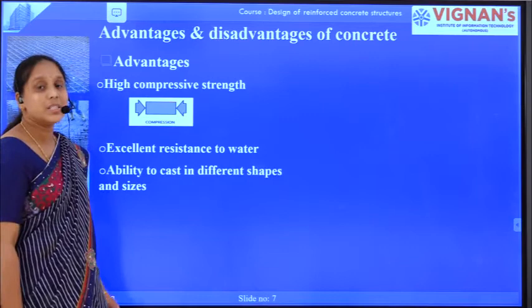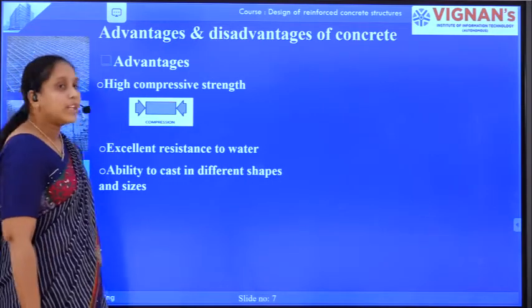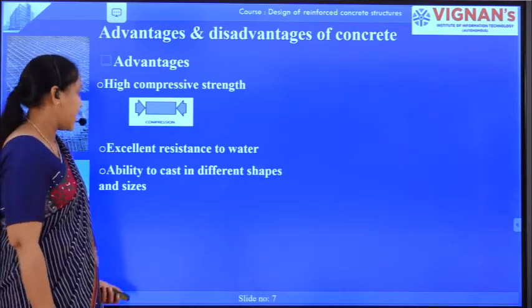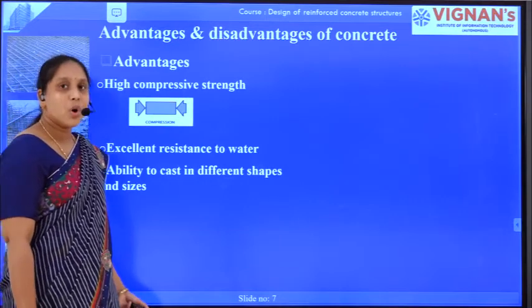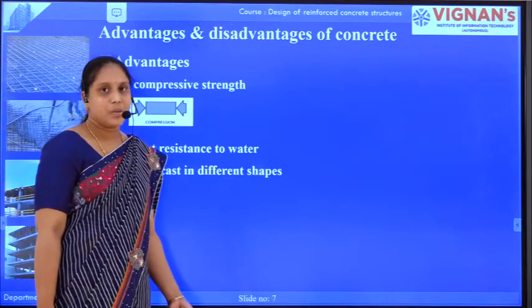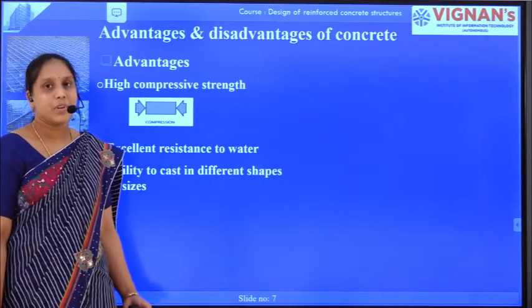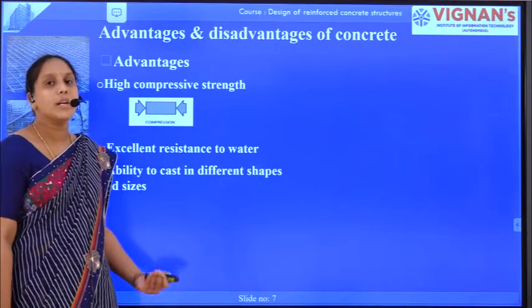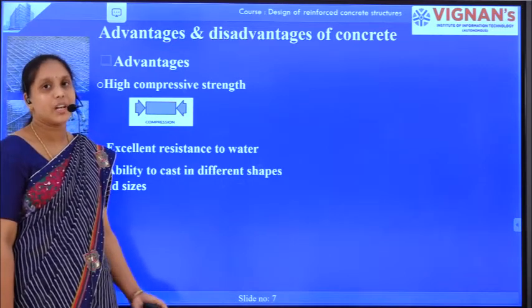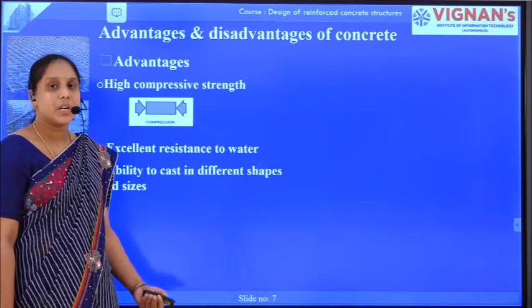The next one is the ability to cast in different shapes and sizes. As we have discussed earlier, if concrete in the fresh stage is poured into any mold of the desired shape, we can get that particular shape.